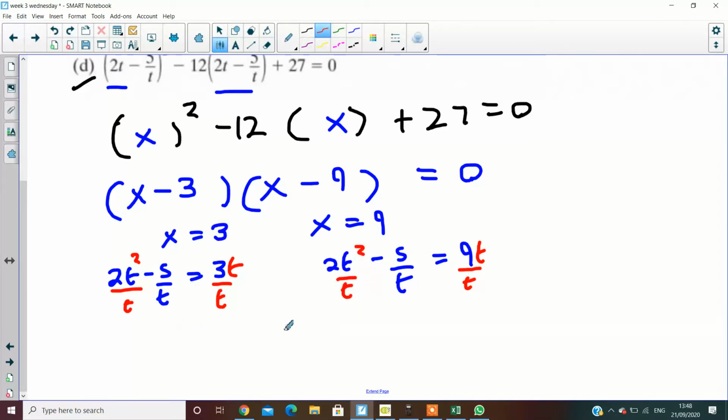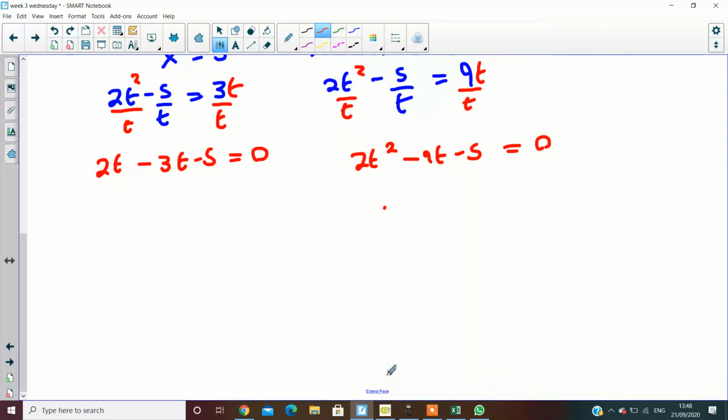What happens to the denominator? Cancels, and you should get this. It's the first one. And then the second one is 2t squared minus 9t minus 5 equals 0.